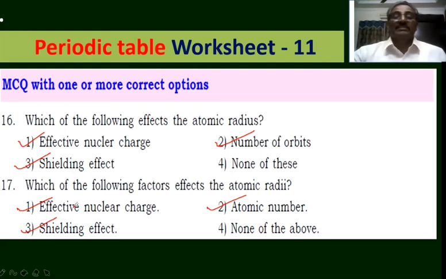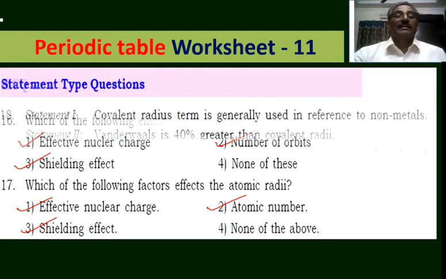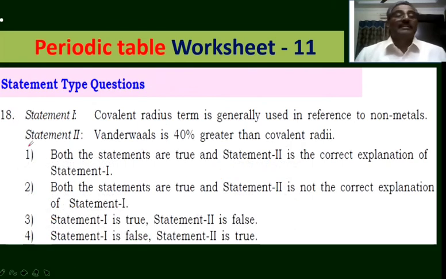So here also 1, 2, 3 are the right options. Next, 18th question. Covalent radius is used in reference to non-metals. This is true. Van der Waals radius is 40% greater than covalent radius. This is also true. But this is not the correct explanation of first statement. So option 2 is the right option.